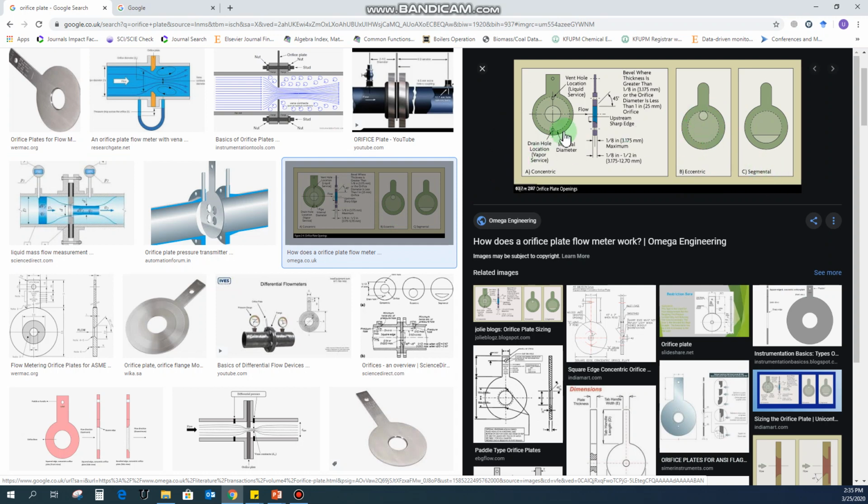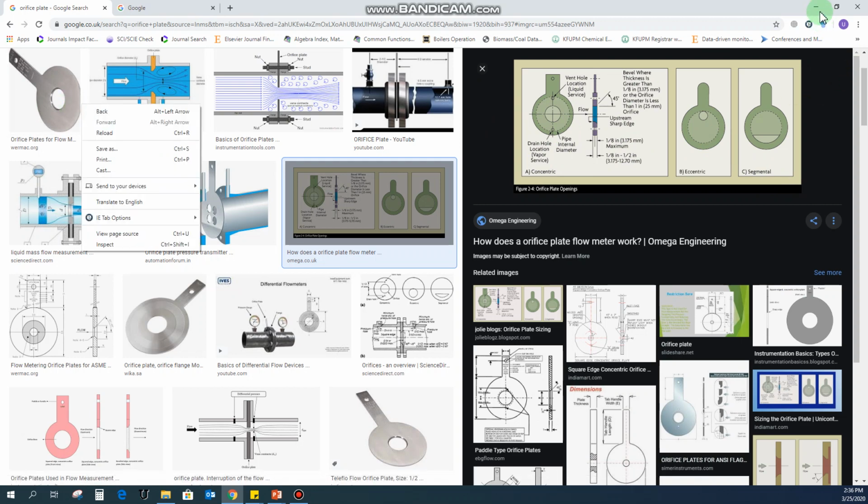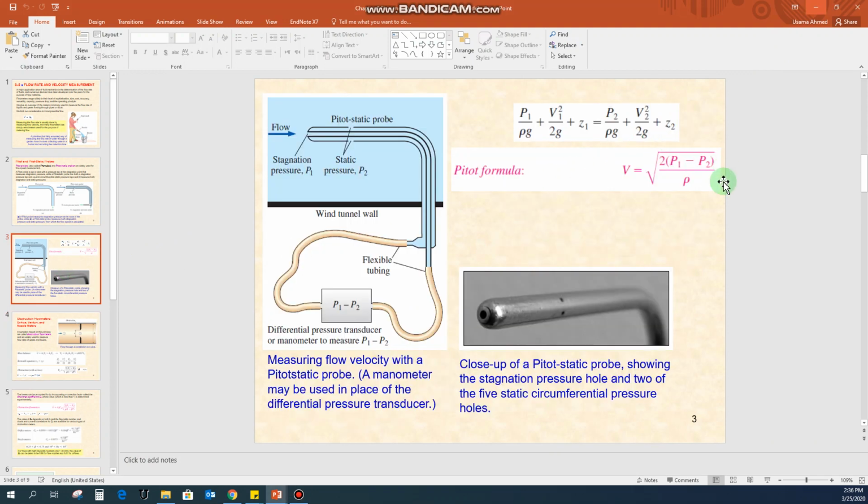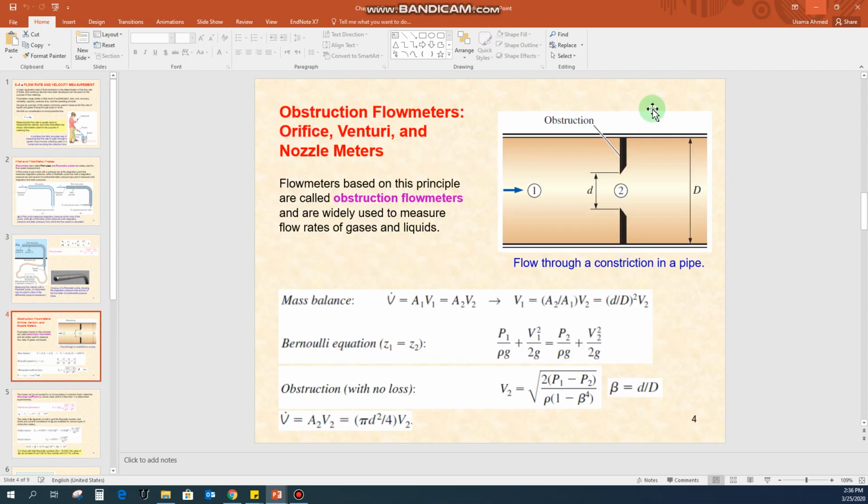So what is the function of this orifice meter? It will reduce the pressure in the pipeline, and that pressure drop can be measured with the help of the manometer. So we can use this equation for the manometer that we use here: P1 minus P2 that we get from the pressure drop, and then we can use this equation to get the velocity. Let's see here.